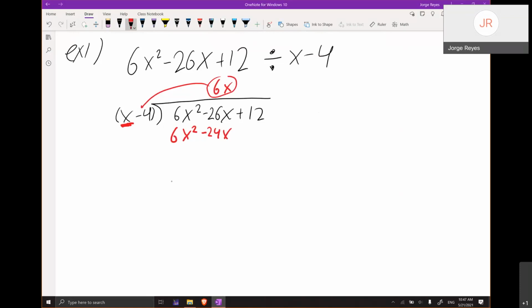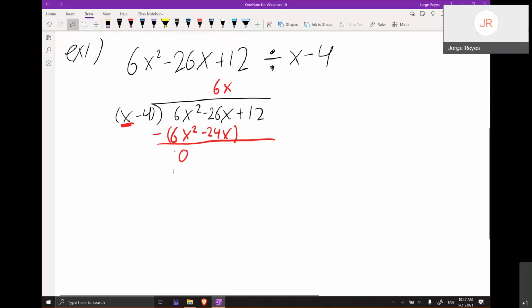So you see how I distributed. And then what I like to do is put a minus here, and then I subtract. So 6x squared minus 6x squared is 0, because that's what we wanted.